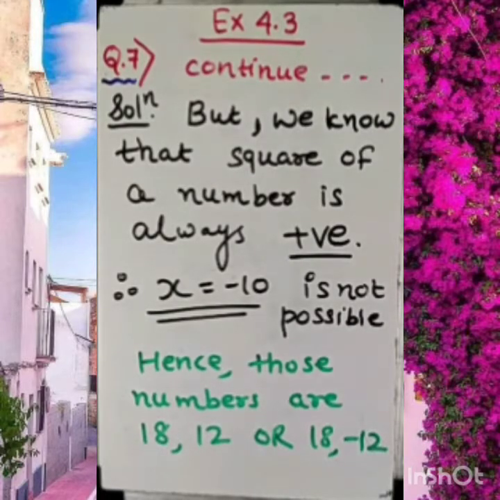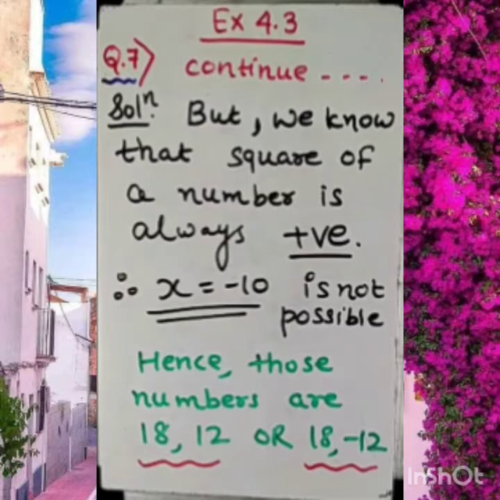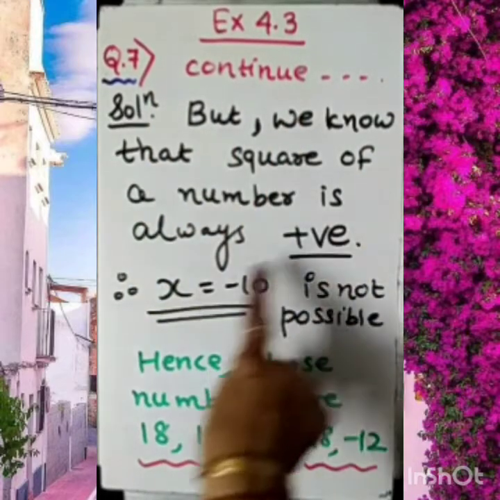Now you may have the question: ma'am, can't we write directly, wherever we got x equal to minus 10 and 18 at the same place, can't we write this? Not possible. No, because in the question we are not given whether the number is positive or negative, right? That's why, dear student, we need to mention this thing, and as case 2 we have to sort it out.